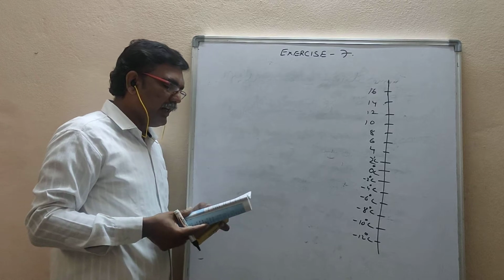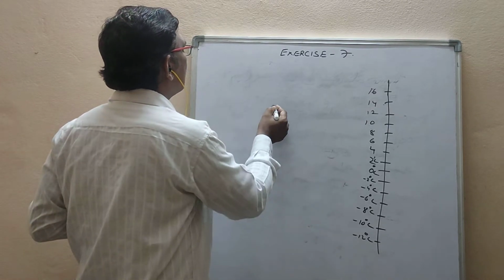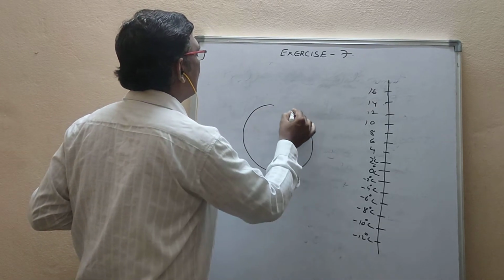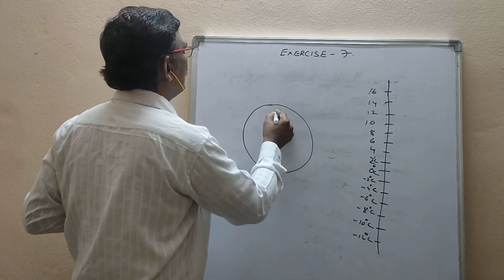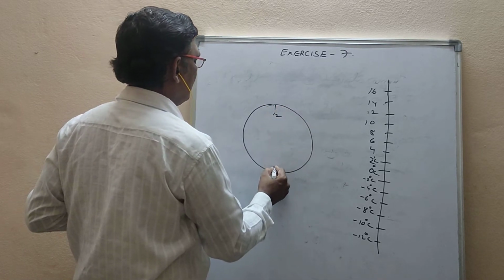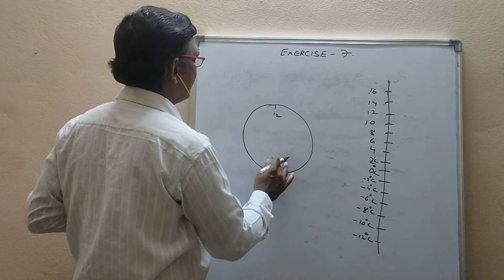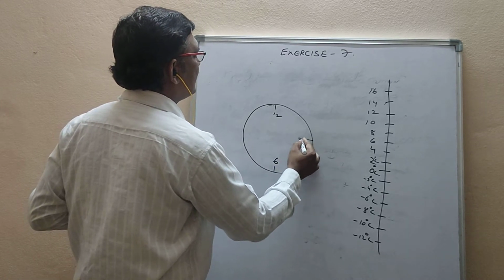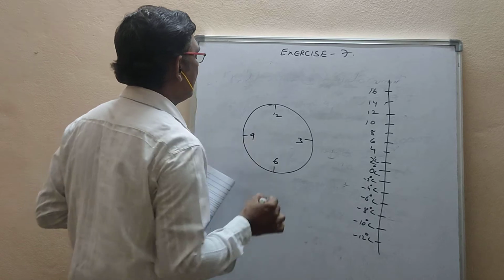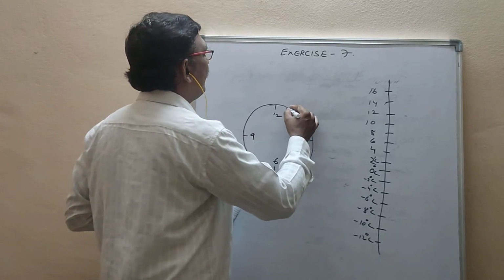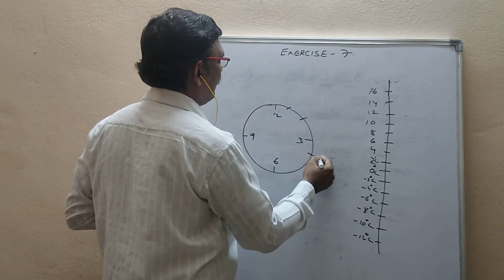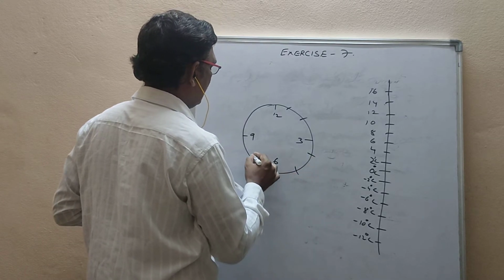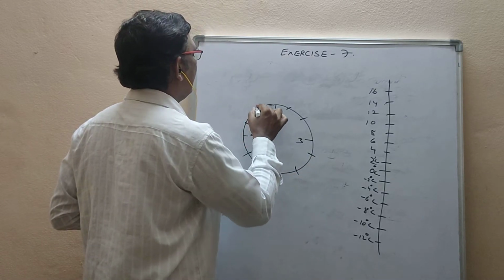The temperature at 12 noon. So here it is a clock. So 12 here. Here it is 6. And it is 3. This is 9. Now here 1, 2, 4, 5, 7, 8, 10, 11.